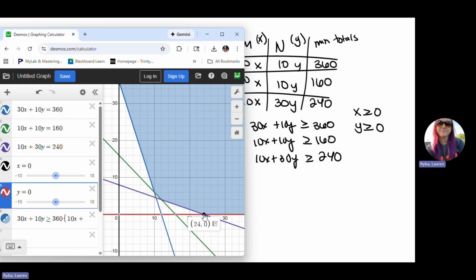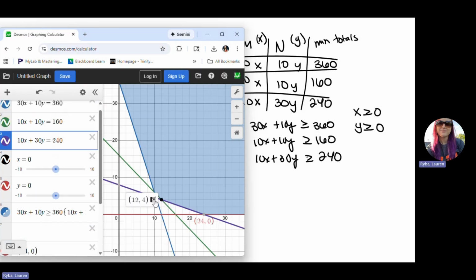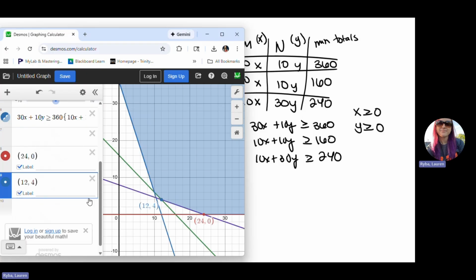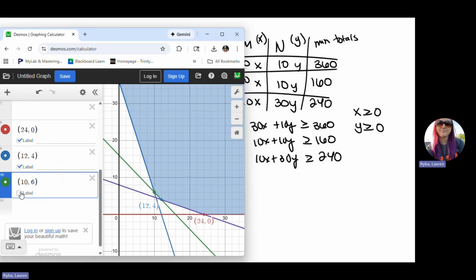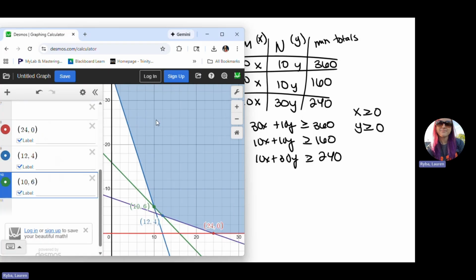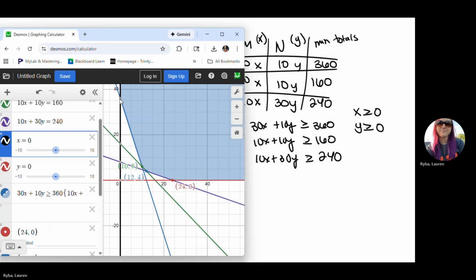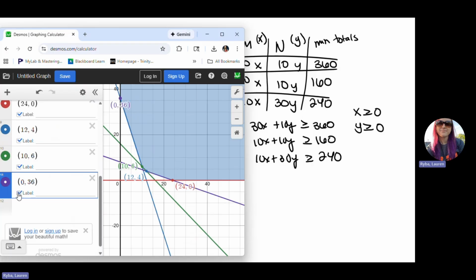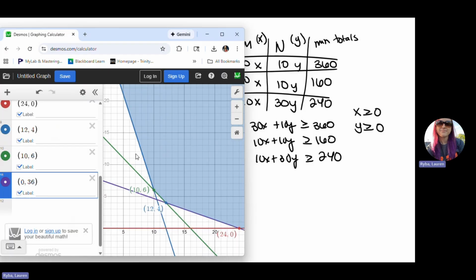Okay, so this point here is on a corner. This point here is a corner of my shade. That one here is a corner of my shade. And then I gotta go, oopsies. There it is, this guy up here. Add it, label. Yeah, I'm gonna zoom out just a smidge.